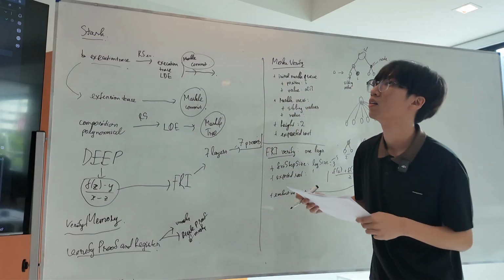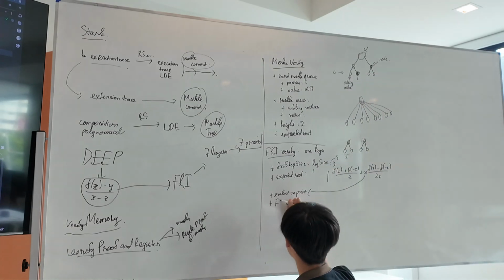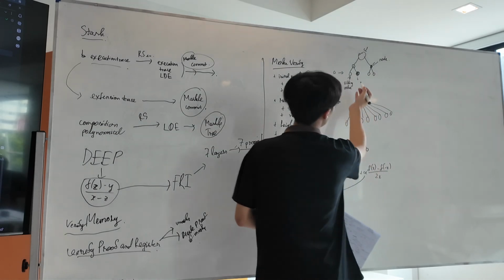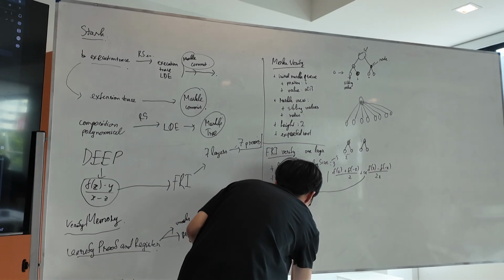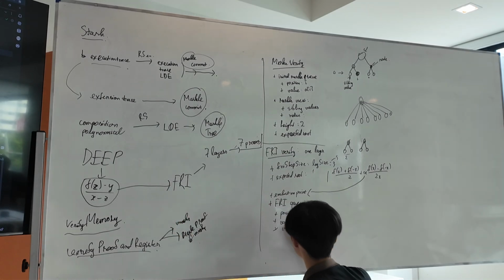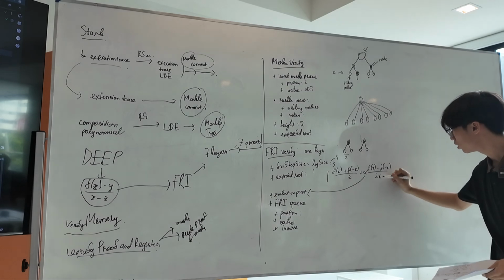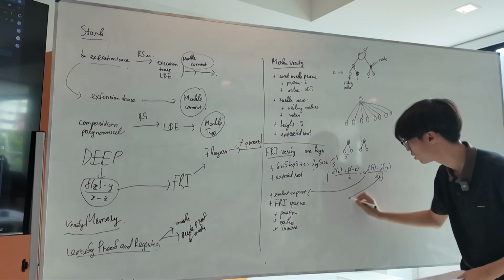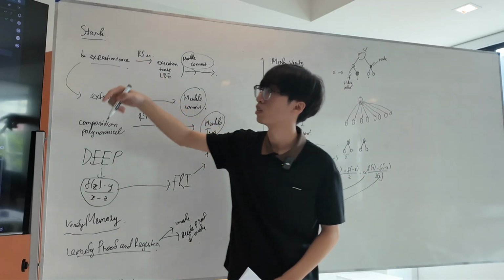In the FRI query, we have the position. For example, if you want to prove this position, right? And the value of this position, and also the inverse. Because in this equation, you need to divide the polynomial by x, right? So you need to send this here, like 1 plus x.